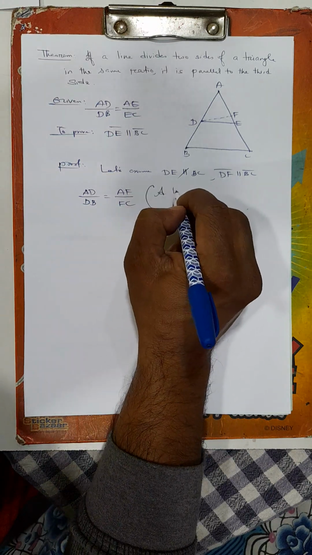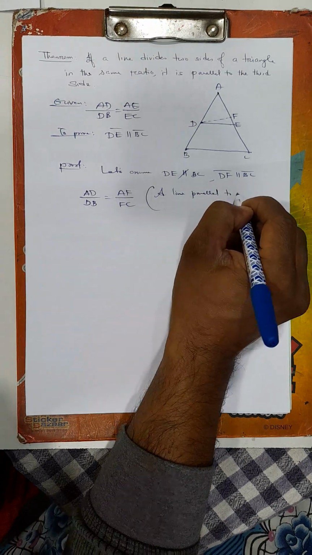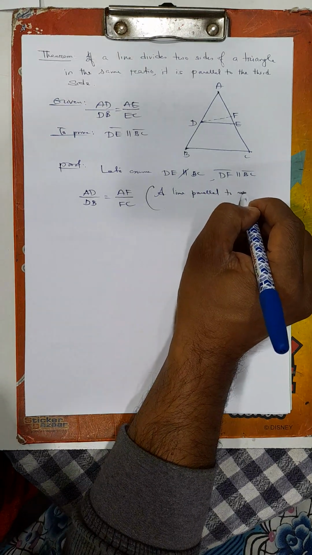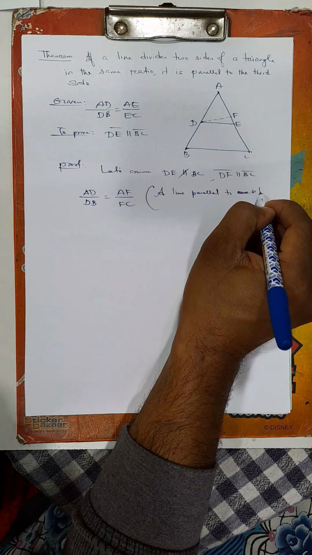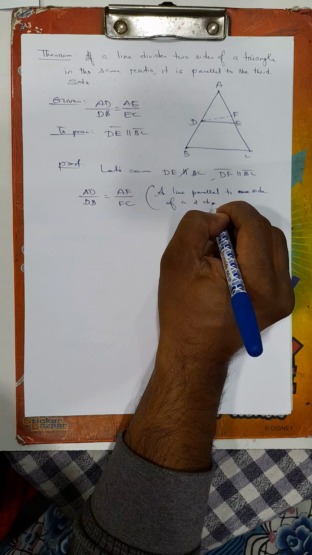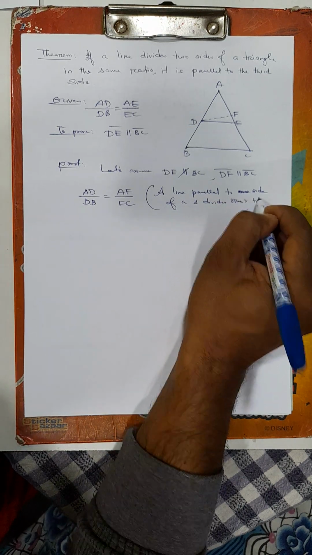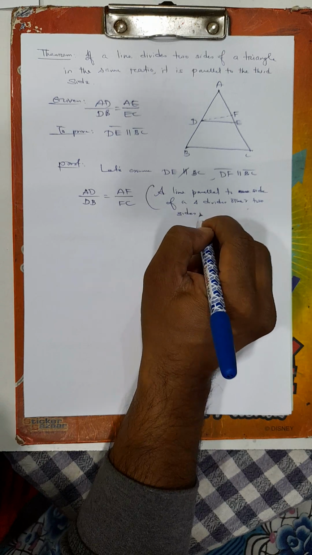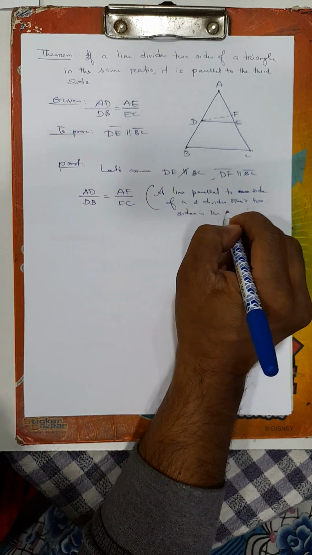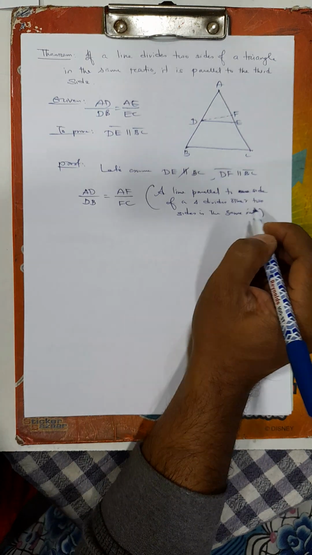A line parallel to one side of a triangle divides the other two sides in the same ratio, right?